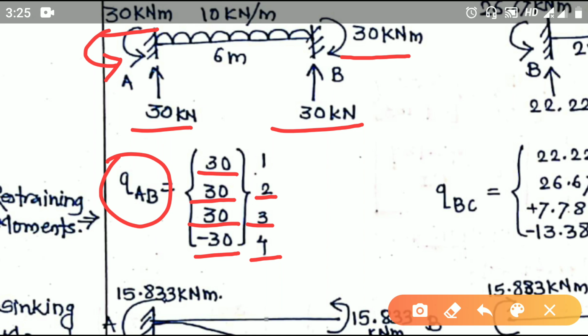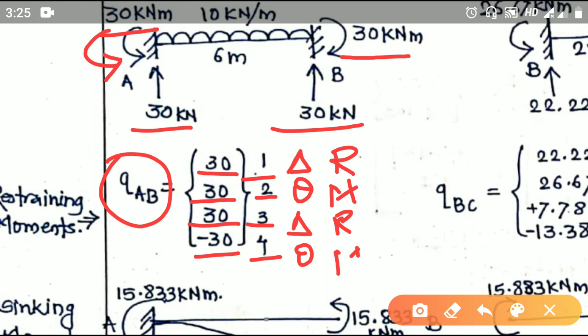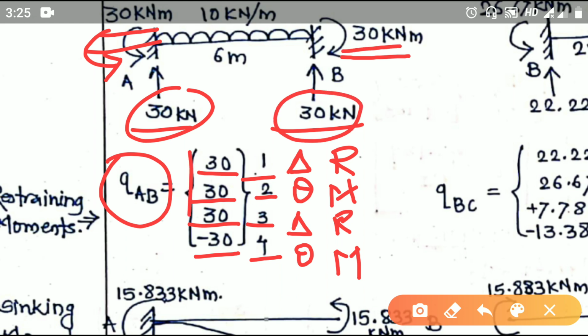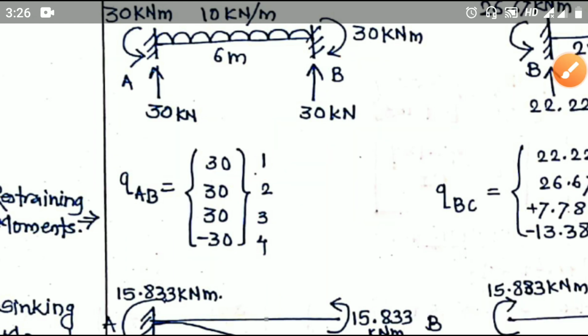Give the sequence according to this. Already we have defined all these numbers as first translation delta, then rotation, again translation, rotation. So the corresponding actions are reaction, moment, reaction, moment, which you have to write down here in this sequence.